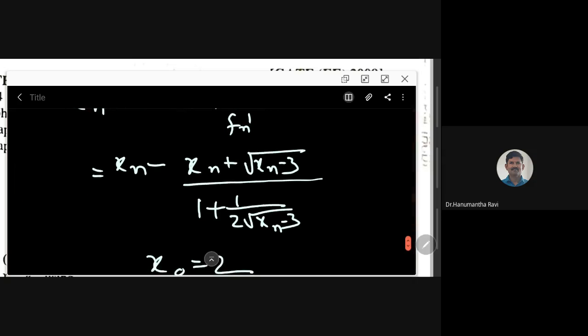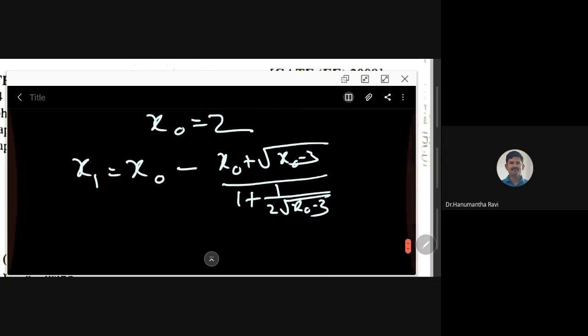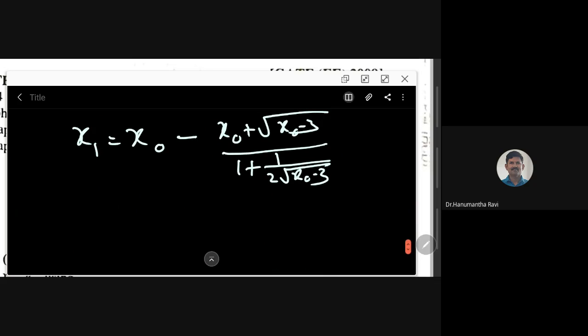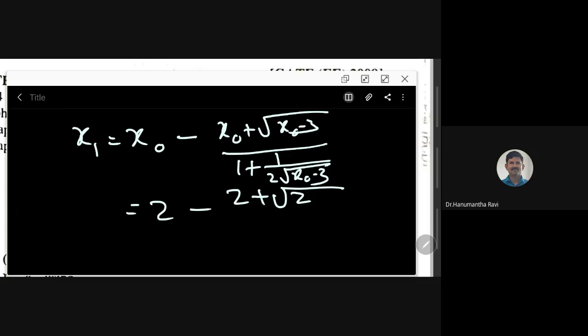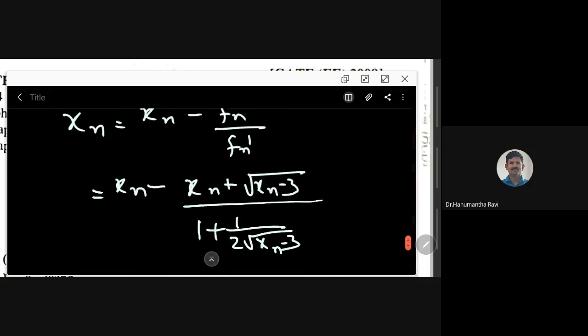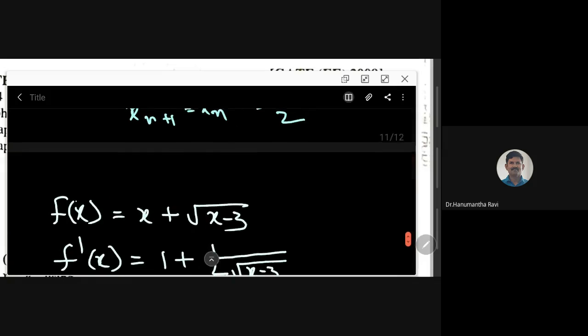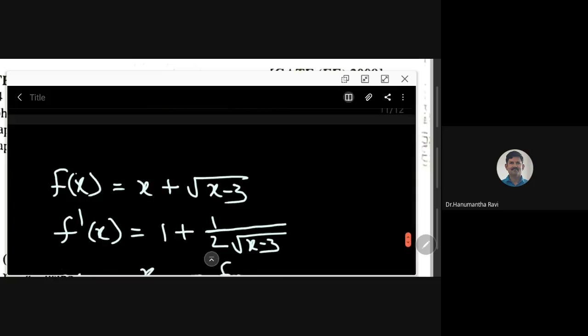Right. So this is when x0 is 2, 2 minus 2 plus square root of 2 minus 3. So there is again a problem here. Sorry here. We do one thing. We want to find root of this, right?